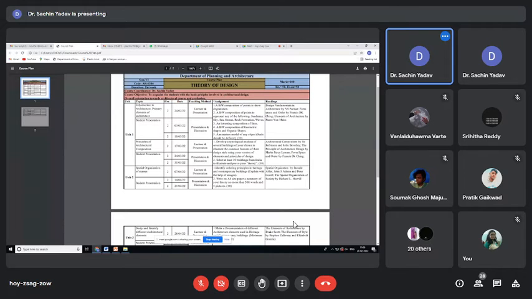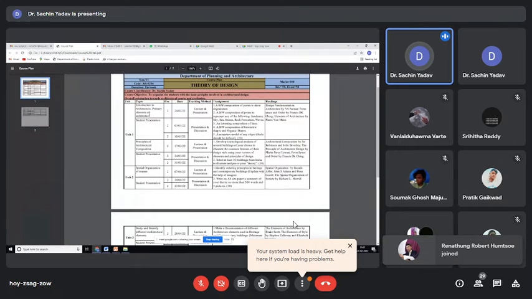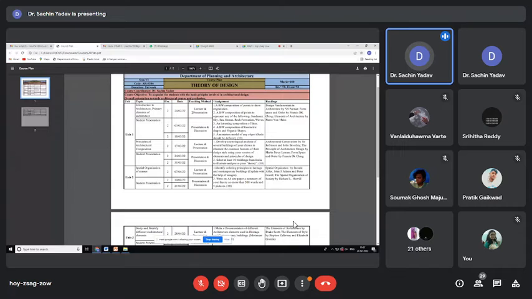The first topic is the introduction to architecture, architecture profession, primary elements of architecture. So this is the schedule of the lecture and the assignment required for this topic, right? Everything is very well defined here.